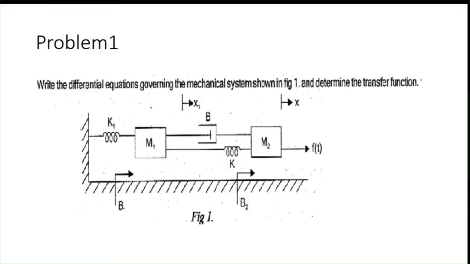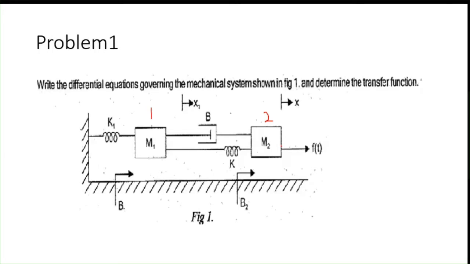Usually the nodes are the mass elements. In this figure there are two mass elements, represented as first and second. So this is node 1, this is node 2. We have to draw the free body diagram of node 1 and node 2.